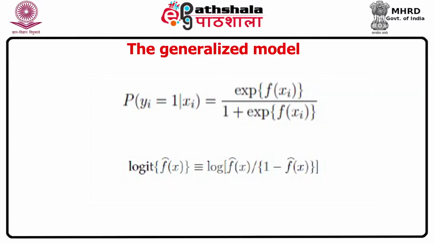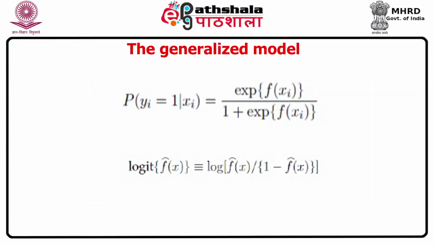Now note that for the usual logistic model, probability y equal to 1 given x can be written as e to the power x beta by 1 plus e to the power x beta. Written in a different way, this says that log of probability y equal to 1 given x_i by probability y equal to 0 given x_i is equal to x beta. That is, the log odds of y equal to 1 is linear.